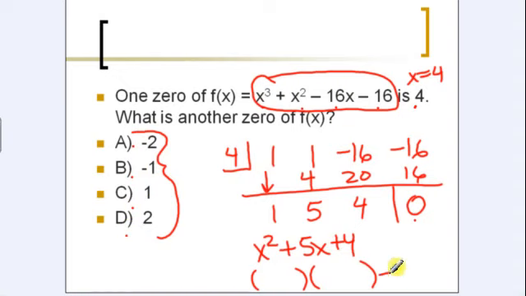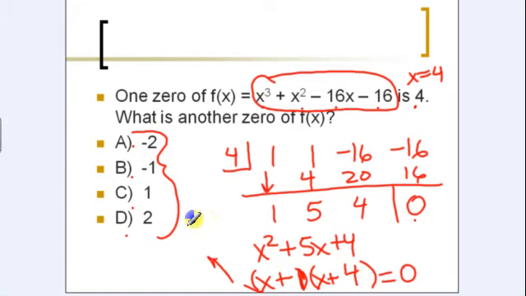Now if I set it equal to 0 and factor it, I can also find the solution. So this will factor into x and x, positive and positive, and then 1 and 4, because 1 times 4 would equal 4, and 4x plus 1x would equal 5x.